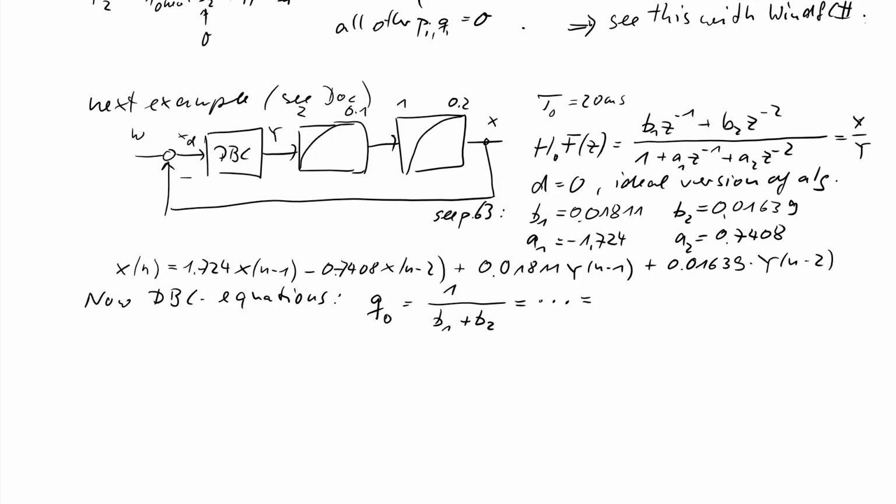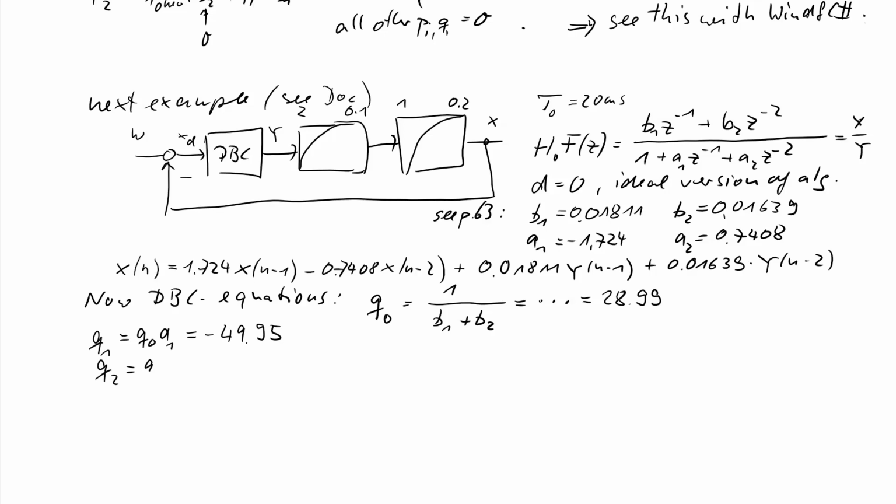The smaller the B's, the larger the Q. That's just a normal situation. So we now get 28.99, 4 digits. Then we have Q1, which is Q0 times A1, giving negative 49.95.